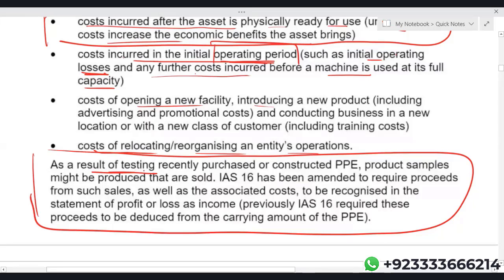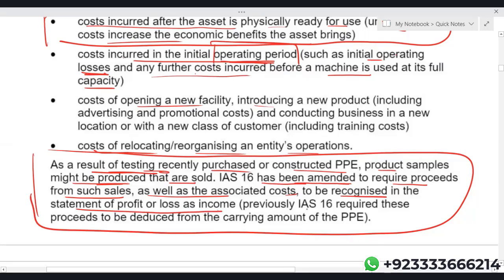As a result of testing, for recently purchased or constructed property, plant and equipment, product samples might be produced and sold. IAS 16 has been amended to require proceeds from such sales, as well as the associated cost, to be recognized in the statement of profit and loss as income.